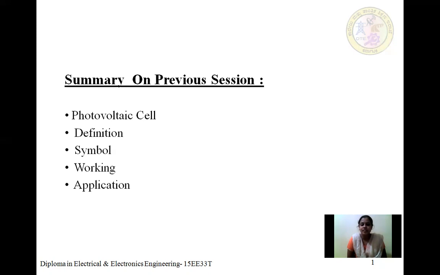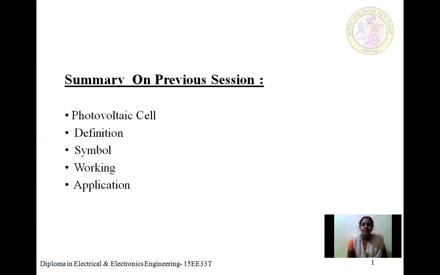This results in the generation of holes and electrons. The free holes and electrons liberated by the solar energy will now move freely across the junction. Hence, the output voltage is developed across the terminals. So, this is the working of the photovoltaic cell, what we discussed in the previous class.